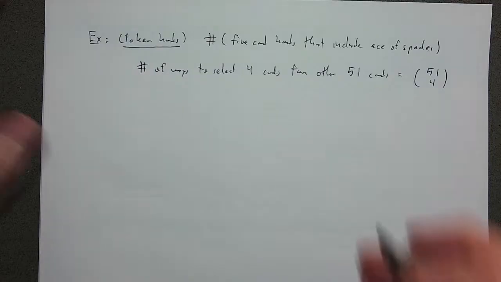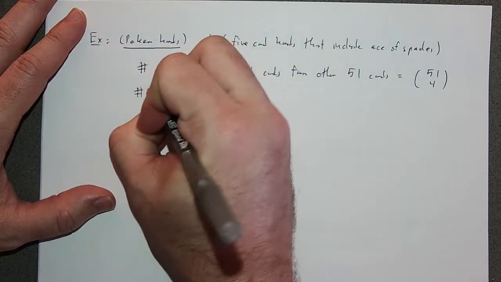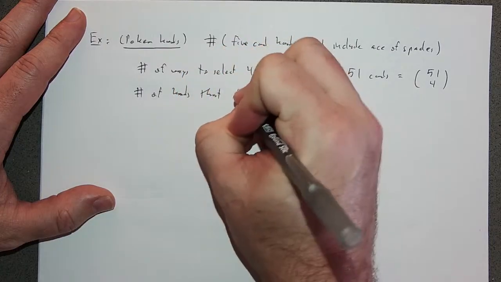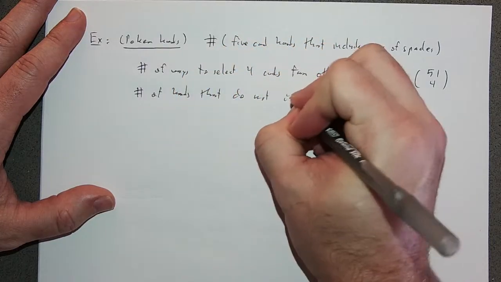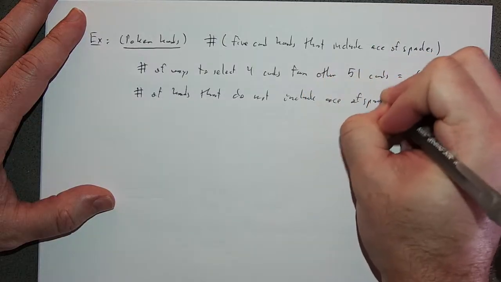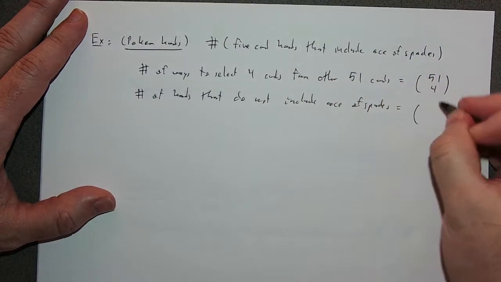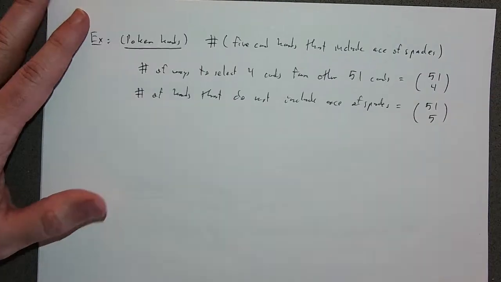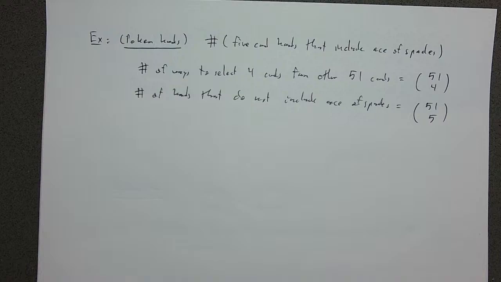But then, what's the number of hands that do not include the ace of spades? Your entire hand is chosen, all 5 cards, from the remaining 51.